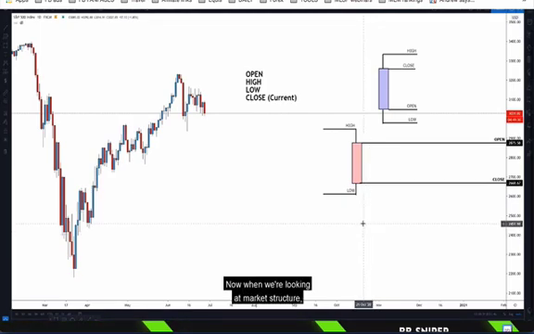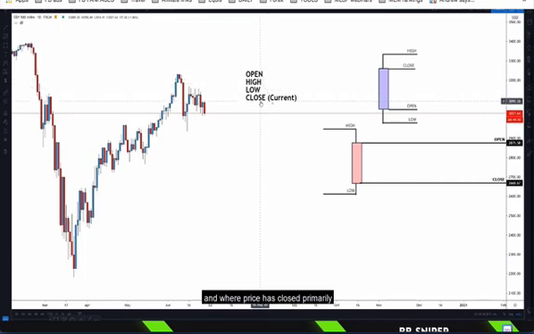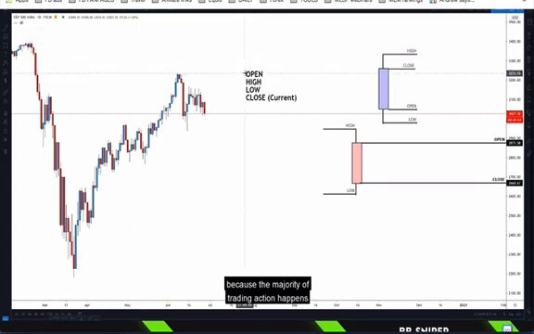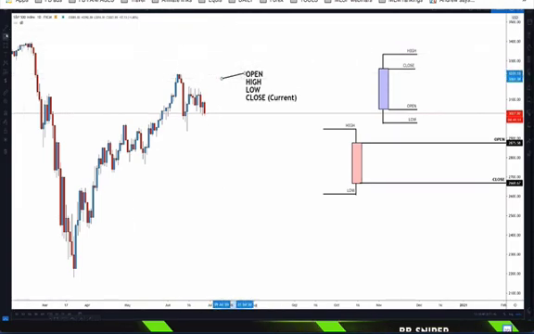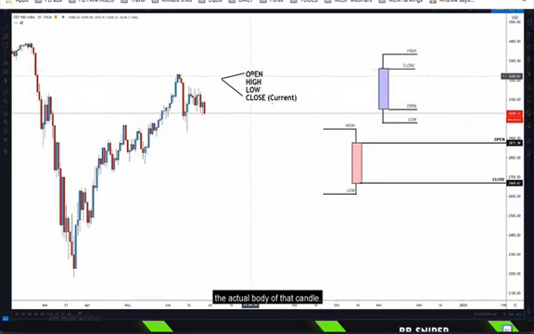Now, when we're looking at market structure, we need to keep in mind where price has opened and where price has closed primarily, because the majority of trading action happens between the open and the close, the actual body of that candle.